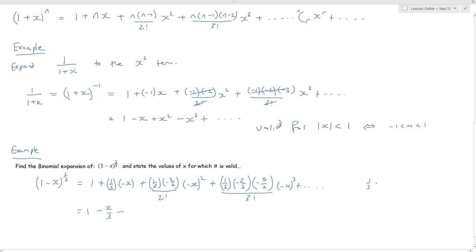So I've got a third times 2 over 3. We're not bothered about the sign because we've already dealt with that. And it's divided by 2, or times 1 over 2. So the 2's cancel. Because it's divided by 2, we can multiply by the reciprocal. That leaves us with 1 over 9. So that's going to be x squared over 9.